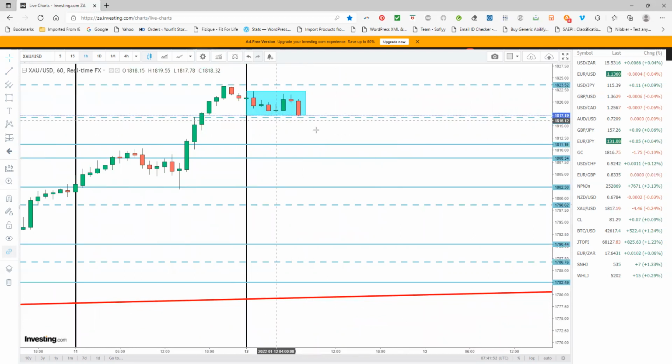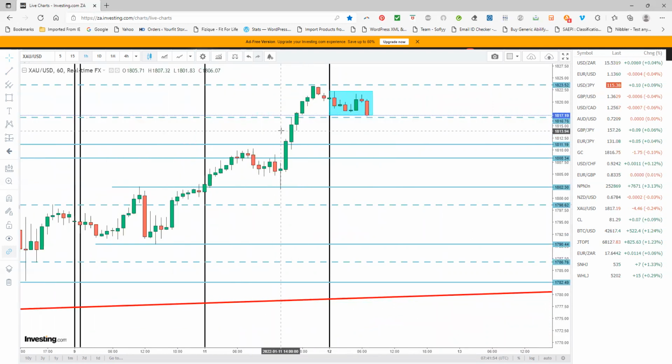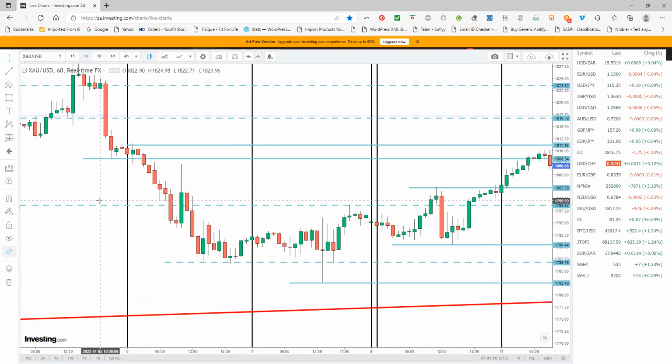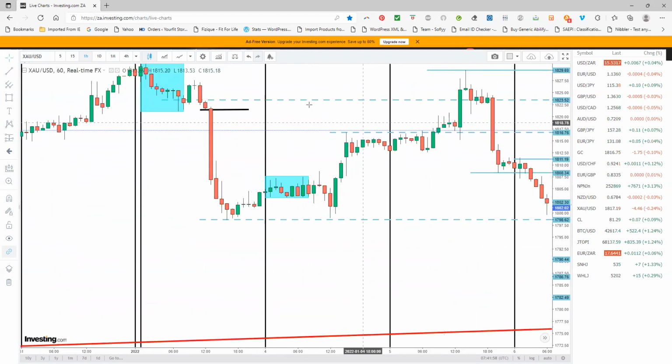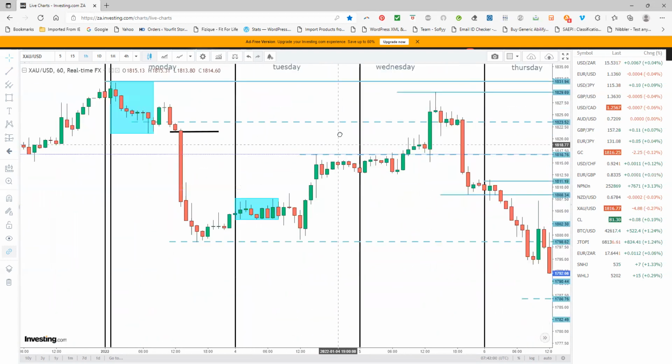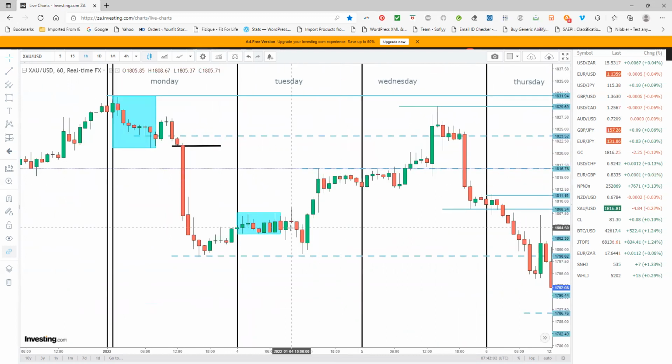Look there, today. See why we mark it. Right. So Tuesday's pattern was the drop down, the stop hunt down before it pushed up.